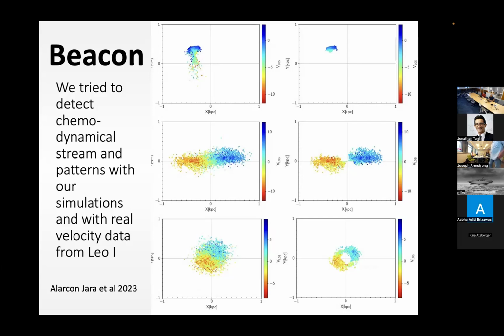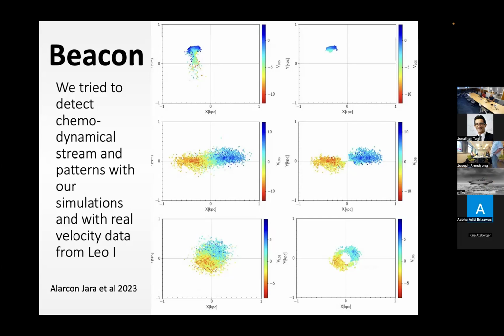So you can see groups of stars which have this similar motion, some kind of rotating pattern inside of a much larger data set.